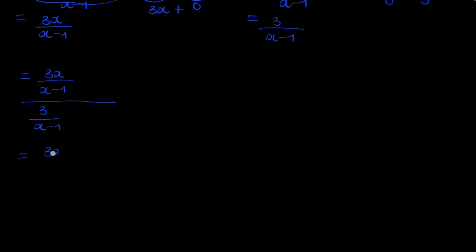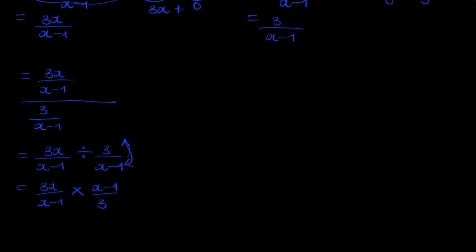Now let's simplify this. This is the same as 3x on x minus 1 divided by 3 on x minus 1. We change this divided sign into a multiplication sign, and we reverse this, so we have x minus 1 divided by 3.